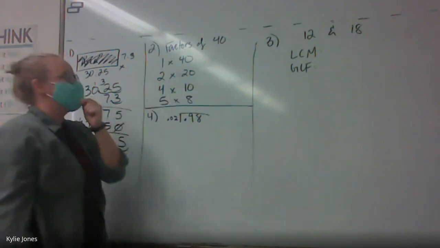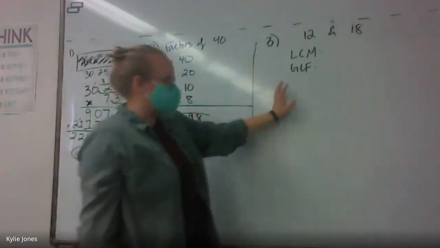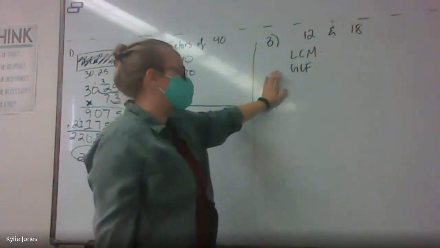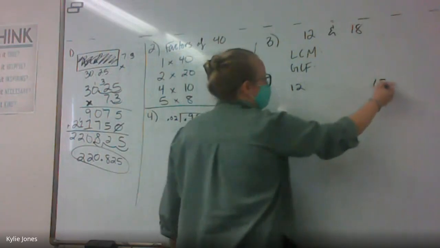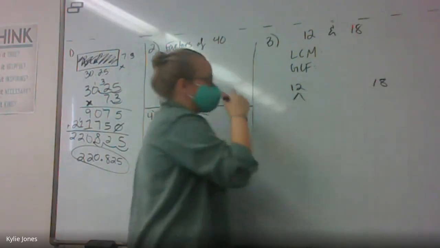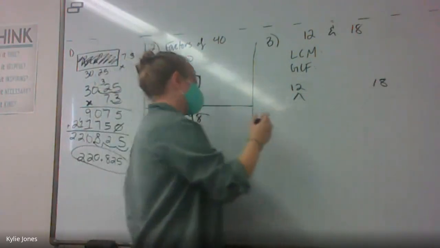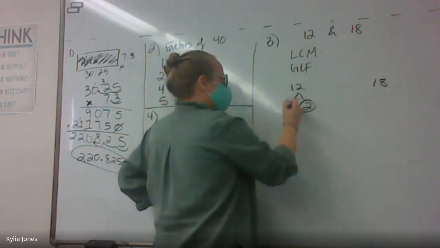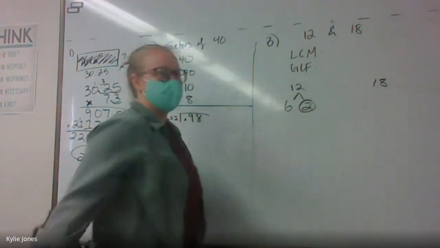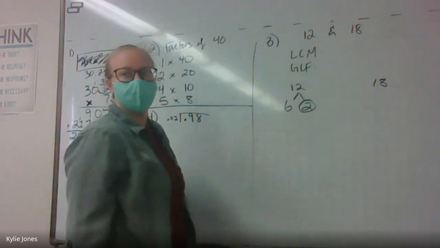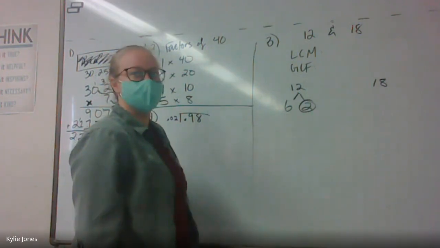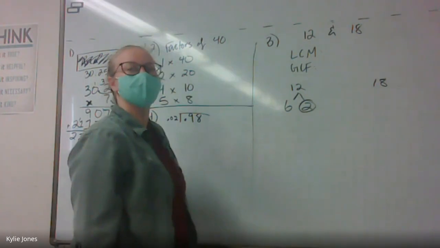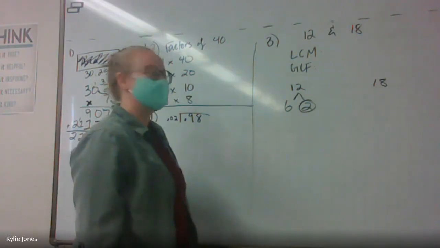Number 3. We need to find the greatest common factor and the least common multiple of 12 and 18. So we need to do our factor trees first. What numbers multiply to 12? 6 times 2. We circle the 2 because it's prime. Good.